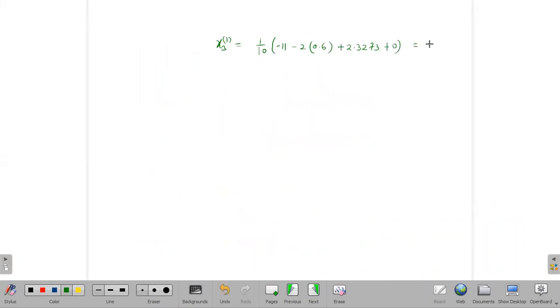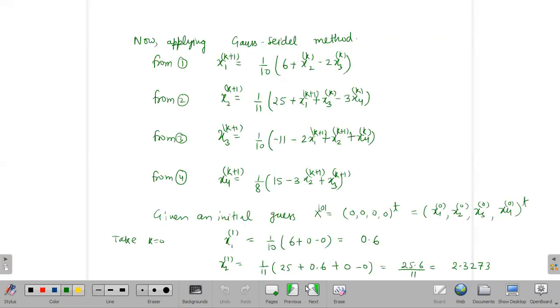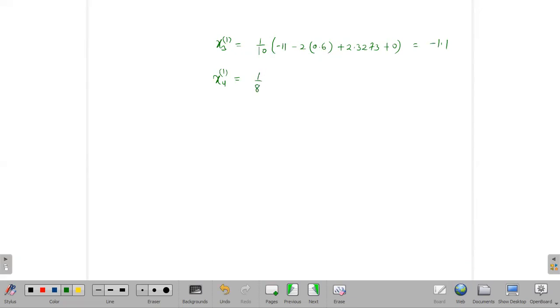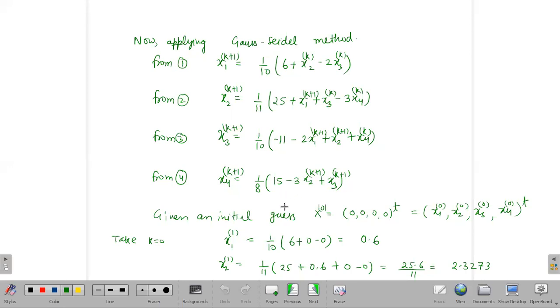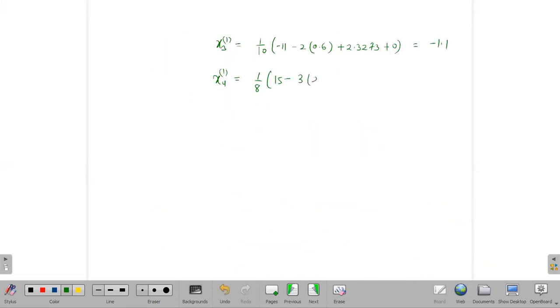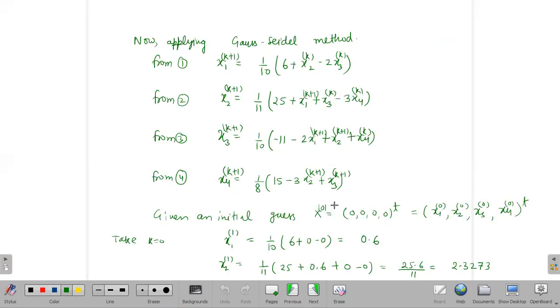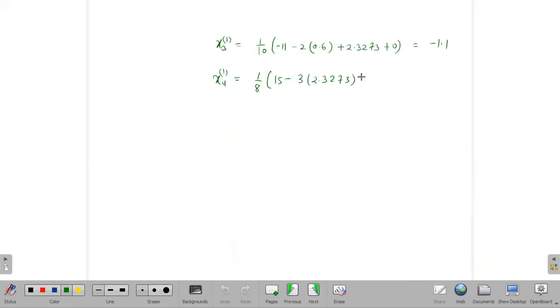So it will be minus 1.1. Then x4 of 1 is 1 by 8 into (15 minus 3 into 2.3273, since we have already found all the previous components, plus x3, minus 1.1).